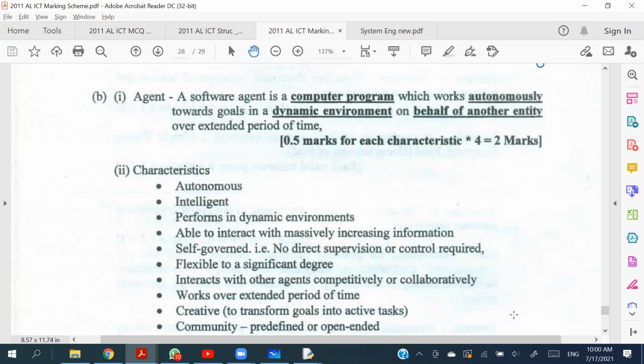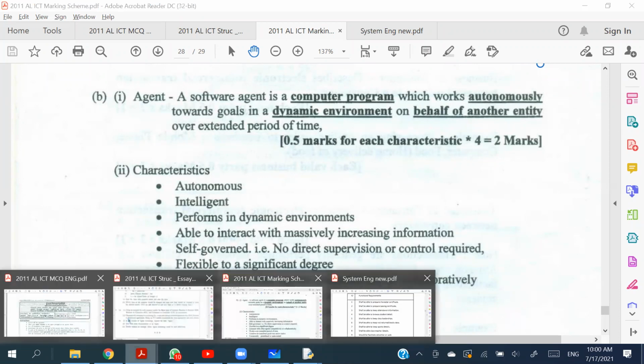So they have underlined the key points. It's better you go with this, it is what they have given as the definition of the agent. This is what I gave you in the tutorial, right? So 2 marks if you got it correctly.